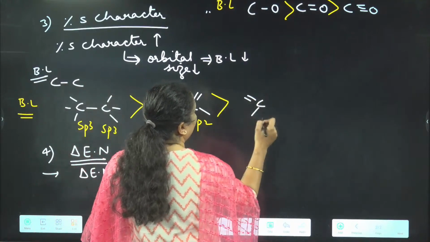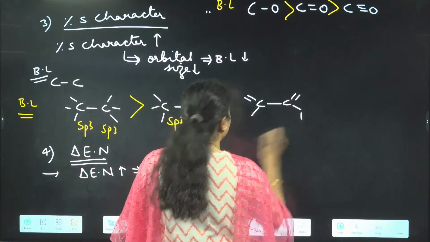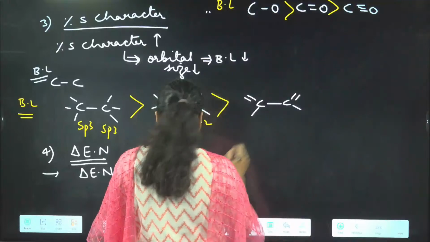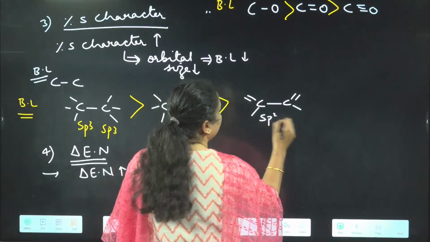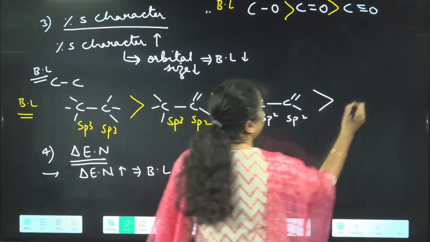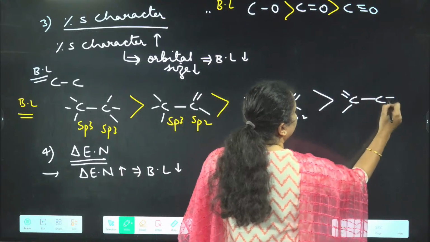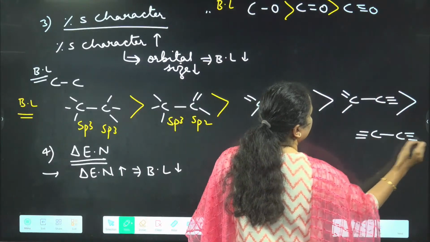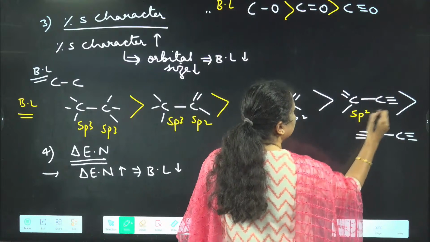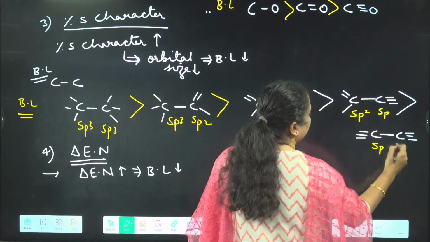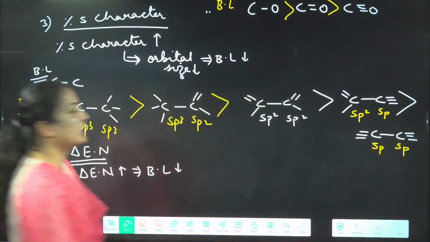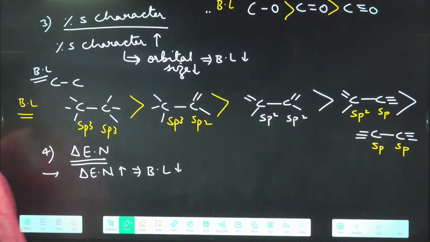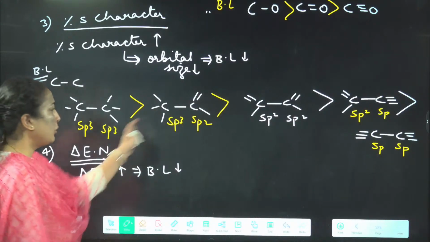Here it could be sp2, sp2. Again, I can have sp2 and sp, and I can have sp and sp. Are you able to see? This is sp2 and sp combination. This is sp, sp. So as the percentage S character is increasing, the bond length is decreasing, right?